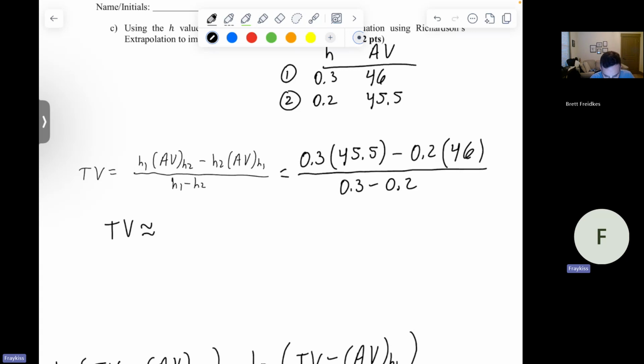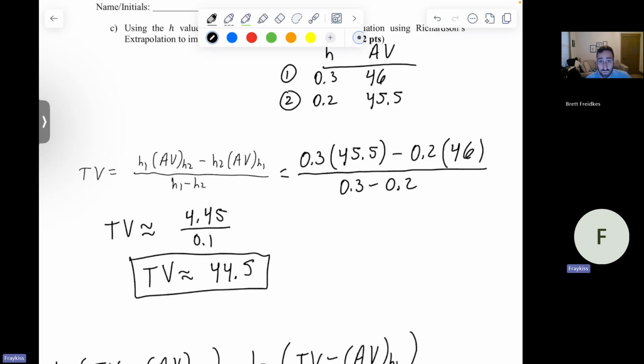If we do that, we get 0.3 times 45.5 minus 0.2 times 46. This is 4.45 in the numerator divided by 0.1. We get our true value as 44.5, which matches the true value that we derived the other way.